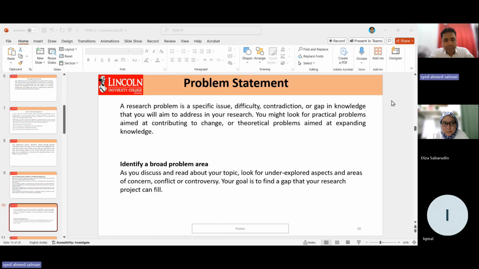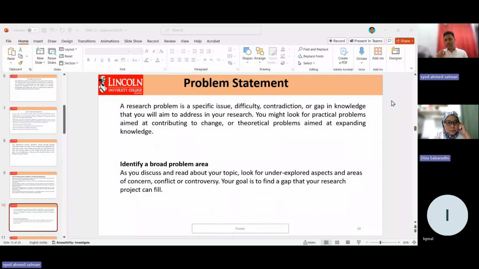Okay, what is a problem statement? A problem statement is particularly a specific issue. I will give you one example. During COVID-19, there was COVID-19, right? So COVID-19 was the problem, the issue. That is one example. The second example: there are no academic programs in private universities in Selangor.